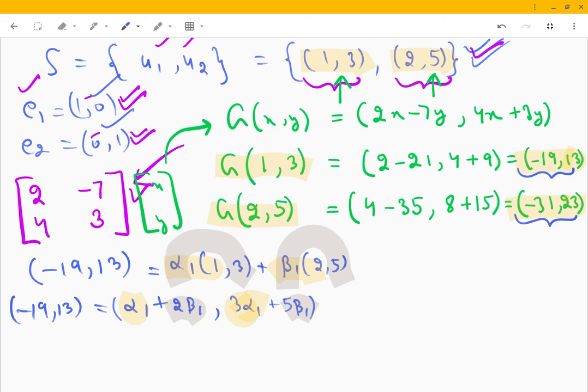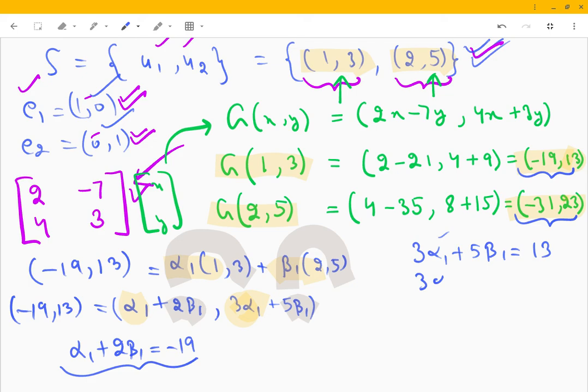I'll write the second equation first, which is 3 alpha 1 plus 5 beta 1 equals 13. And our other equation is alpha 1 plus 2 times beta 1 is equal to negative 19. Let's eliminate alpha, multiply this by 3. So I get 3 alpha 1 plus 6 beta 1 equals negative 57. Okay. And now subtract this.